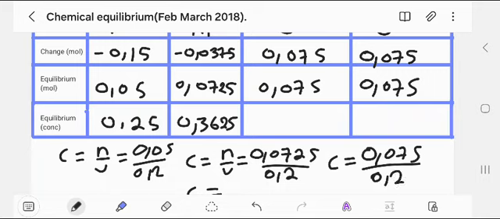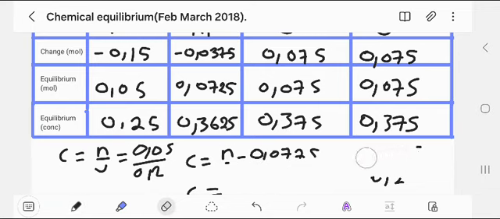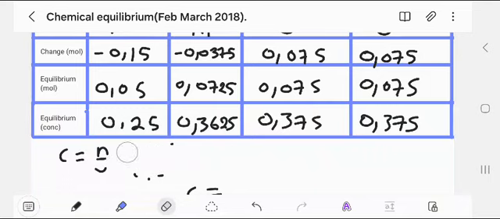Then find your calculator, you divide that and you get, for products here, 0.375. These are the same value, obviously 0.375. This is what we have there, right?